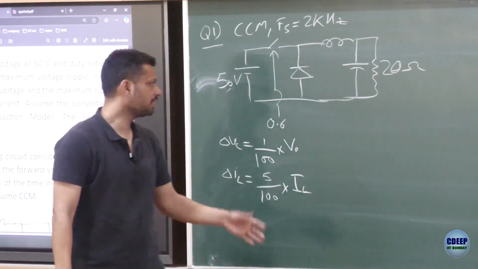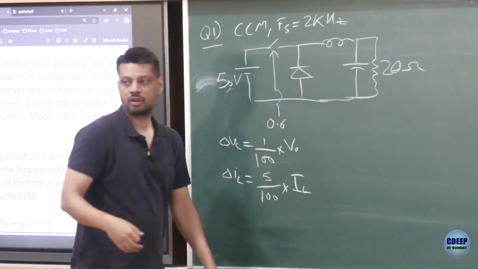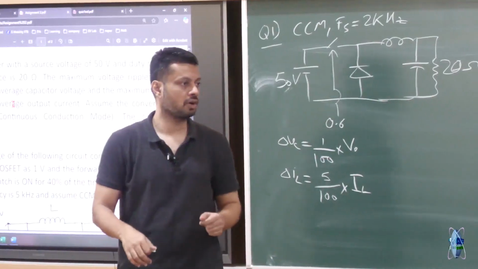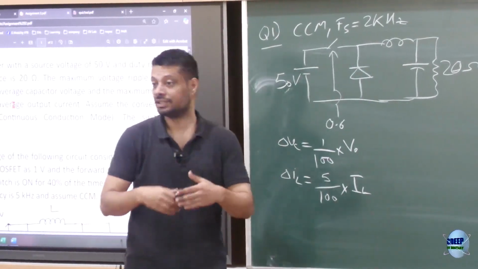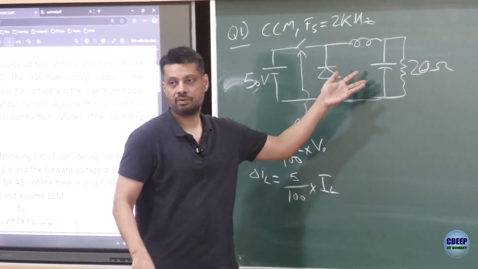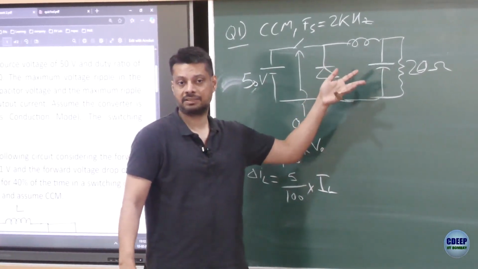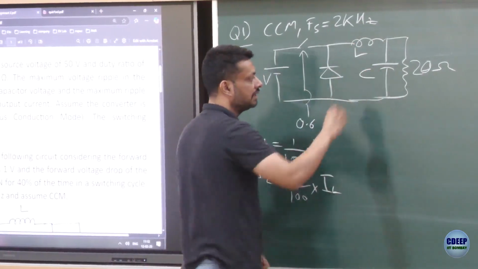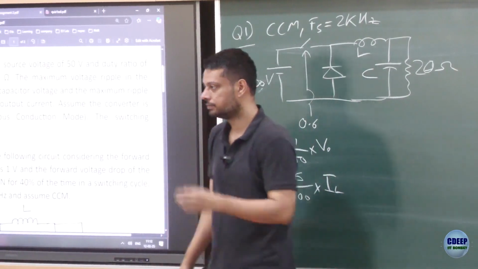Design a buck converter is a broader word, which means you design everything. But so far we know how to design the inductor, how to choose the inductor or the capacitor, right? So in this question, what is expected is you find the value of L, you find the value of C.